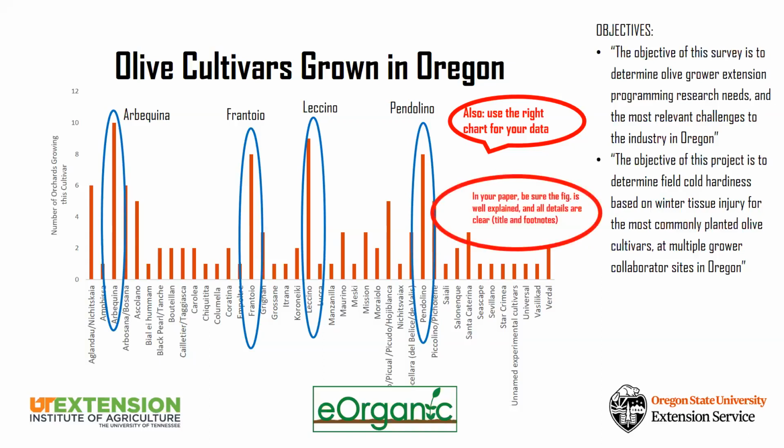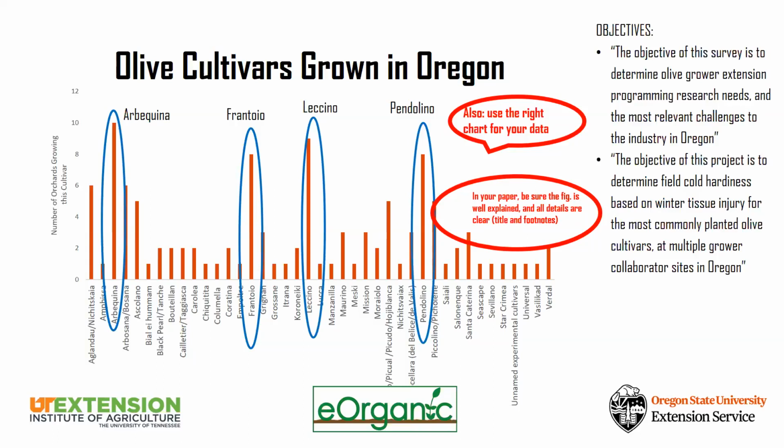Okay, and then in your paper, this is coming from a PowerPoint presentation so it doesn't have a caption, but in your paper you want to be sure that your figure is very well explained, that you have a title that encompasses what you're covering, and that you have footnotes that explain different things.